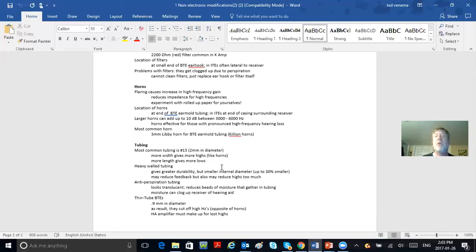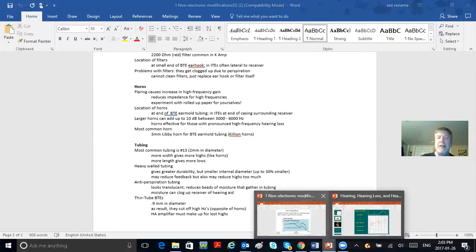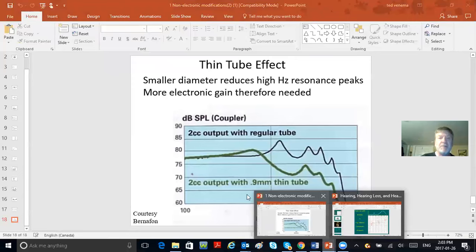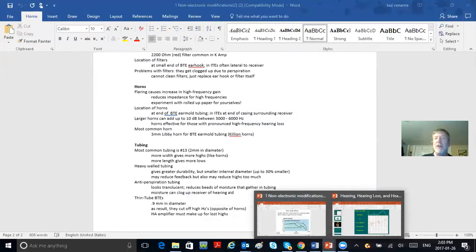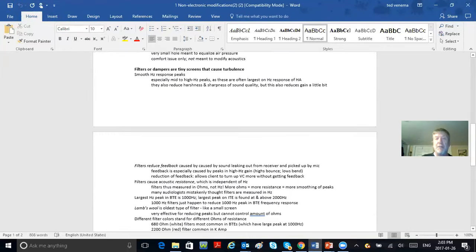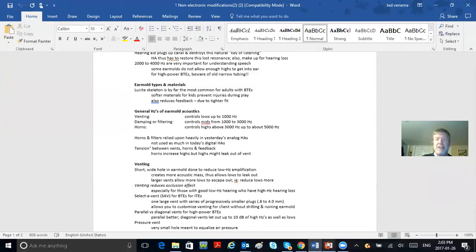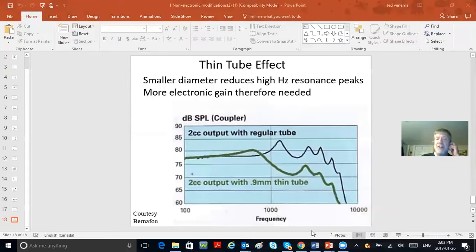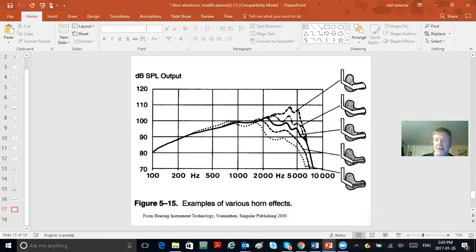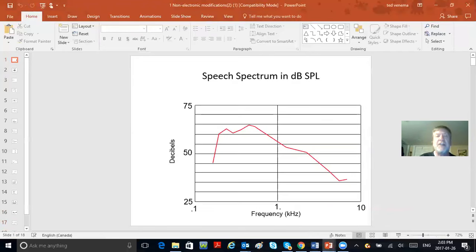And the most important one for your consideration is venting. Okay, and we started out today's talk by talking a little bit about the ear canal as a quarter wave resonator, and the fact that that's being blocked off regarding speech. Okay, so these things are important to realize. Let me just hit the old home key, see if I can get you there.